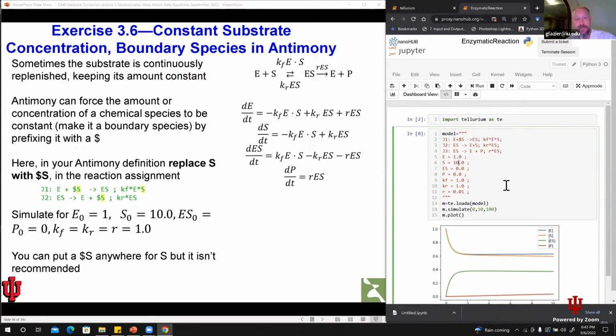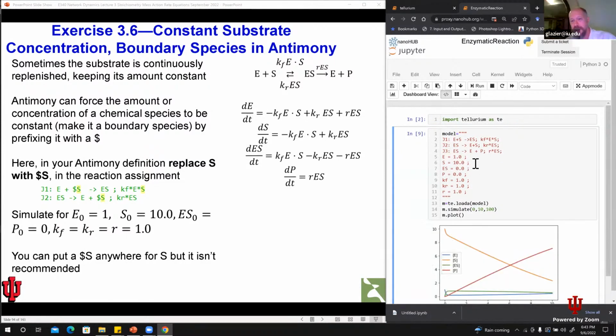What happens? Maybe it's better to do it without the $ first, just with S equal 10. I better make R back to 1. Now product goes to infinity.